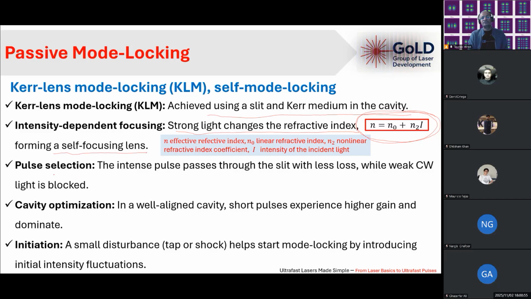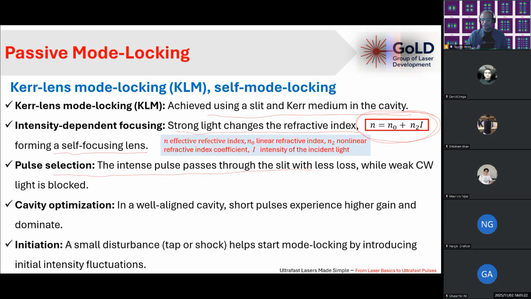Okay, so here is the pulse selection, the intense pulse, like in the case of a saturable absorber as well, which focuses itself and passes through the slit. We use the slit in the arrangement, and the weak pulses are stopped by the sides of the slit.